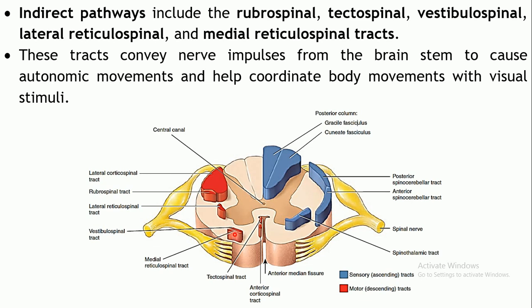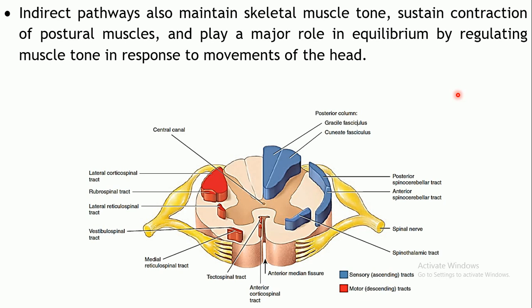So all of these are the motor tracts which convey the nerve impulses from the brain stem to cause some autonomic movements, and also help coordinate some body movements with the visual stimuli. So as a result of some visual input, body movements may take place. So these are directed through the indirect pathway.